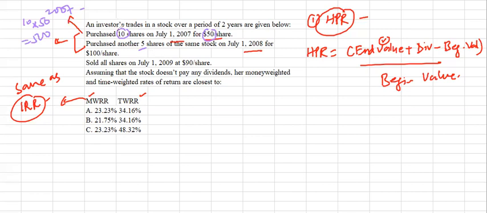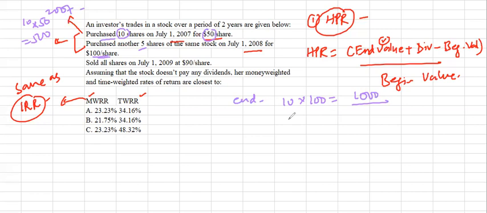So if those same 10 shares were purchased back then, at the end of the year, what will be their value? 10 shares, the value that is given is $100. So 100, so 1000. So this is ending value.